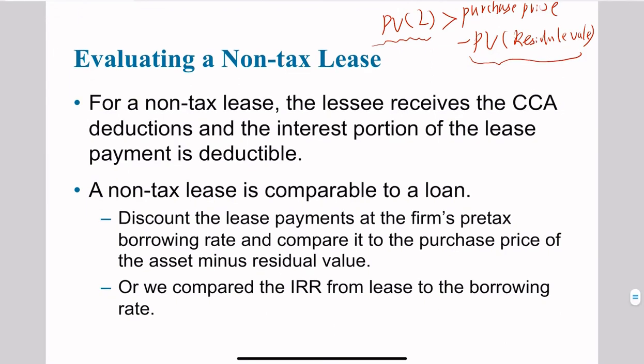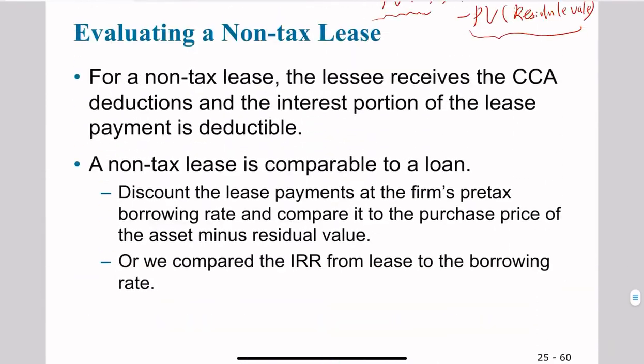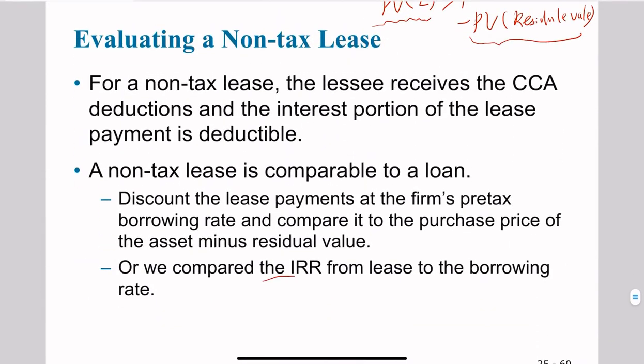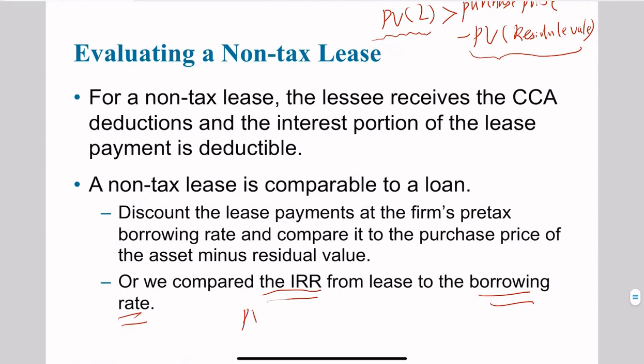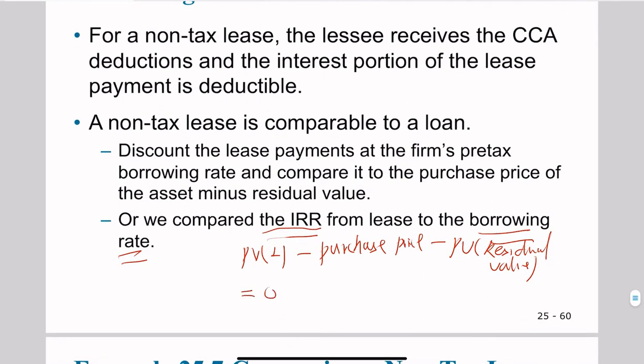Okay, so let's see how. We still have to talk about this IRR rule. So, to solve this IRR, you will basically look for the discount rate which makes this equation equal to 0, right?